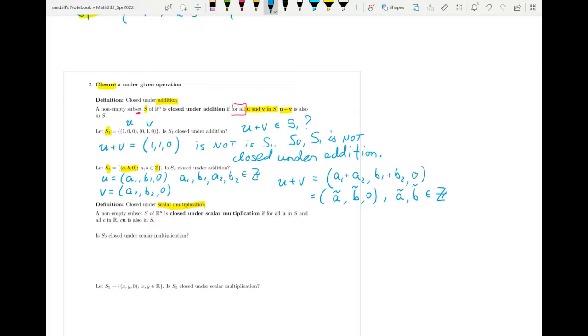All I know is that they're integers, but I do know that whatever integers they are, their sum is an integer, which I'm calling a tilde. Similarly for b, the second component, b1 plus b2 is also an integer, which I'll call b tilde. So I've proven that the vector u plus v has the form specified in the definition for S2. So S2 is closed under addition.